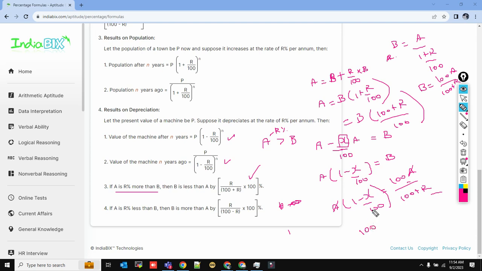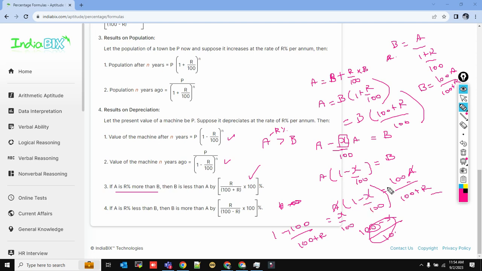You can bring this 100 minus X by 100 to this side. So this will be 1 minus 100 divided by 100 plus R is equal to X by 100.